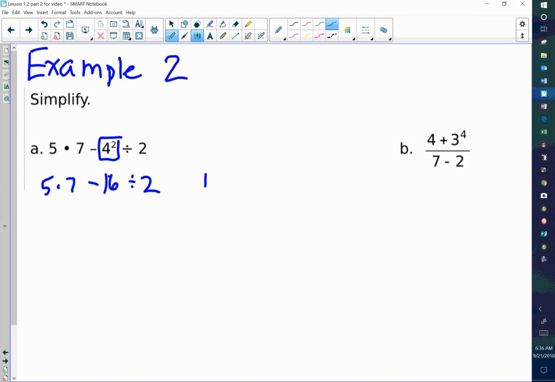So as I move from the left to the right, I'm going to simplify multiplication or division, whatever I see first. So the first thing I see is multiplication. 5 times 7 is 35 minus. Now, I hit the next part of the problem, and it's division, so I can go ahead and do that now as well. 16 divided by 2 is 8. 35 minus 8 is 27. And that's it.